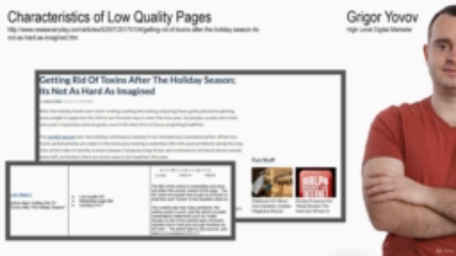The note below the page says the title of the article is misleading and doesn't reflect the actual content of the page. The main content doesn't explain how to get rid of toxins or what the word toxin in the headline refers to. The content also has many problems.